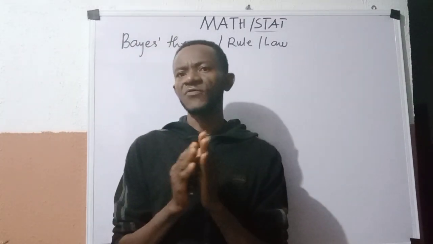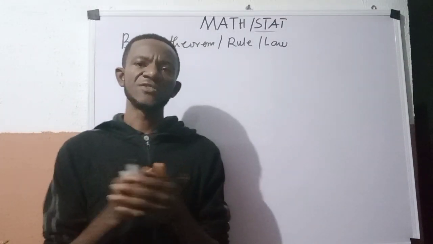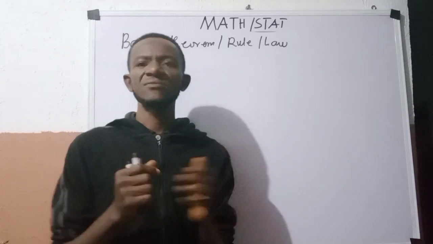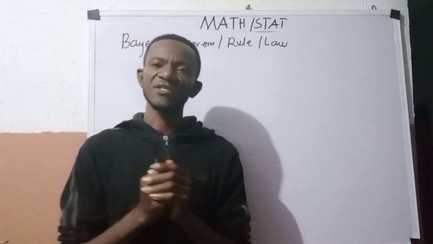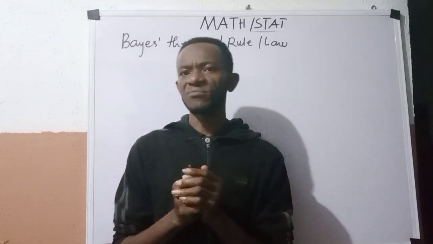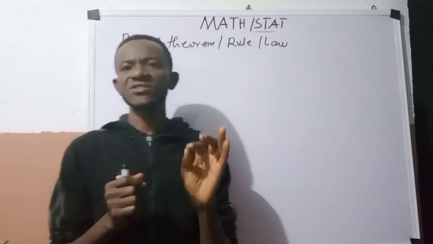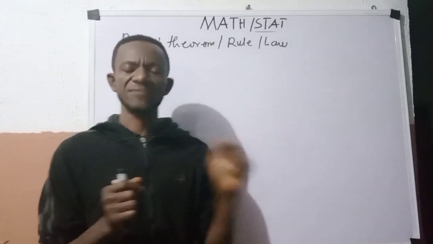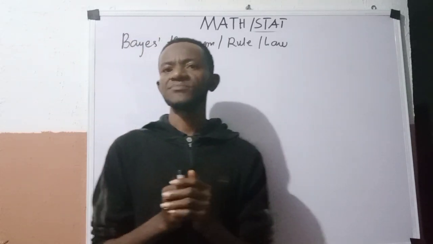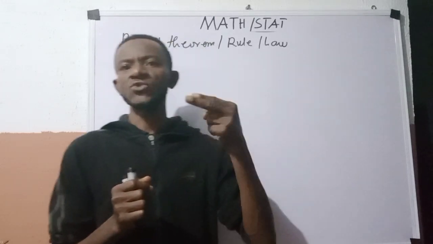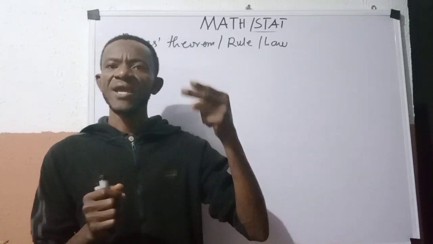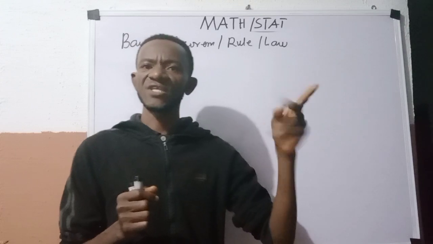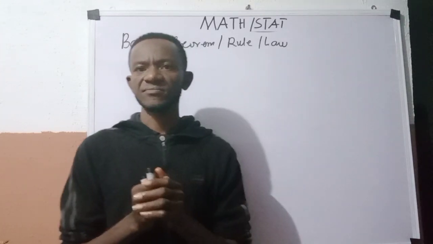The focus of our class today is to derive the formula of Bayes' theorem under different conditions of events. Number one, when there are only two events, A and B, that are found in the sample space.